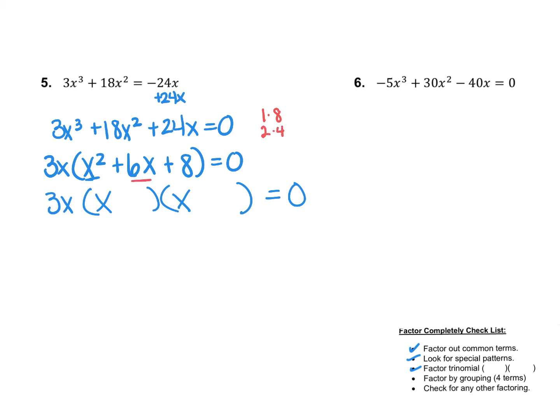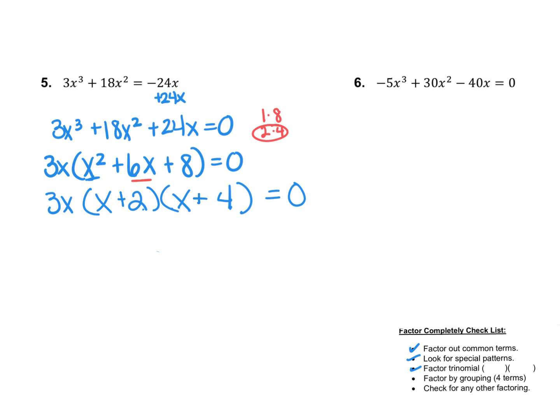Since I'm wanting to make this 6x in the middle, let's try the 2 and the 4. Everything's positive there, so I'd have x plus 2 and x plus 4. I just want to make sure that made that 6x. All right, so these are both pluses.